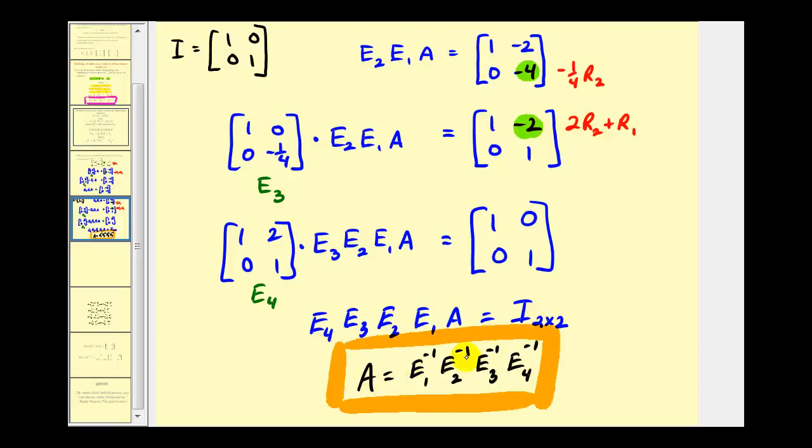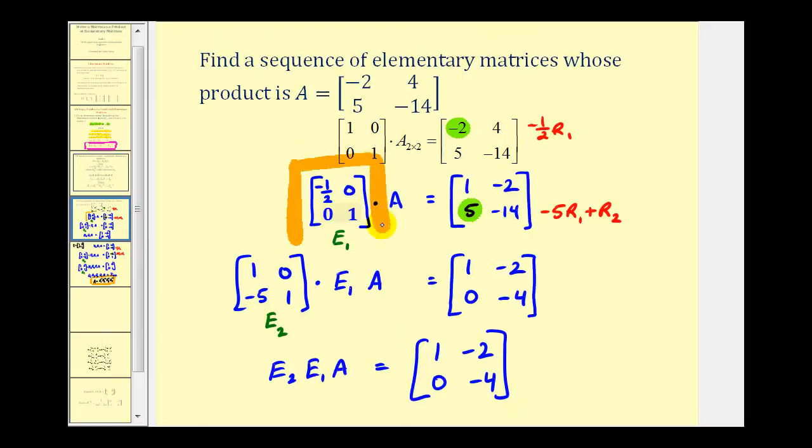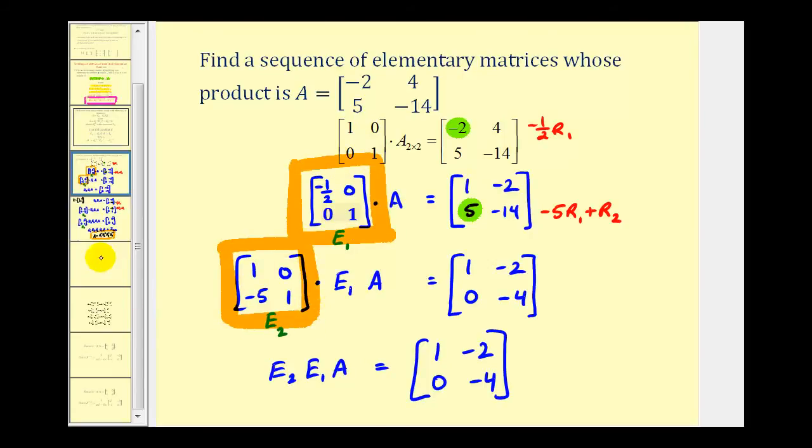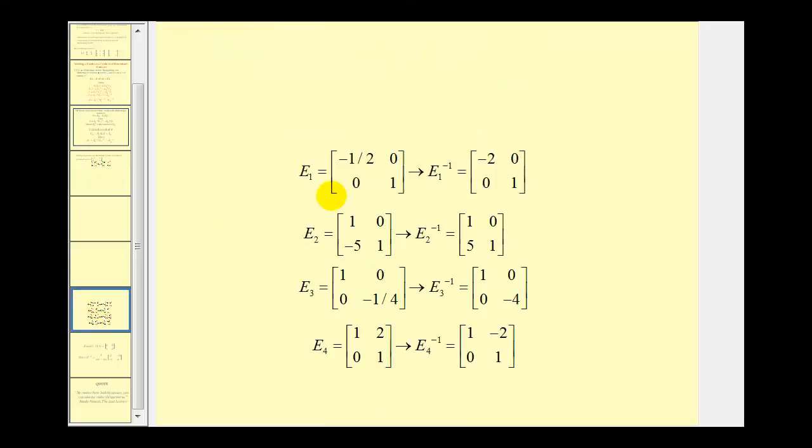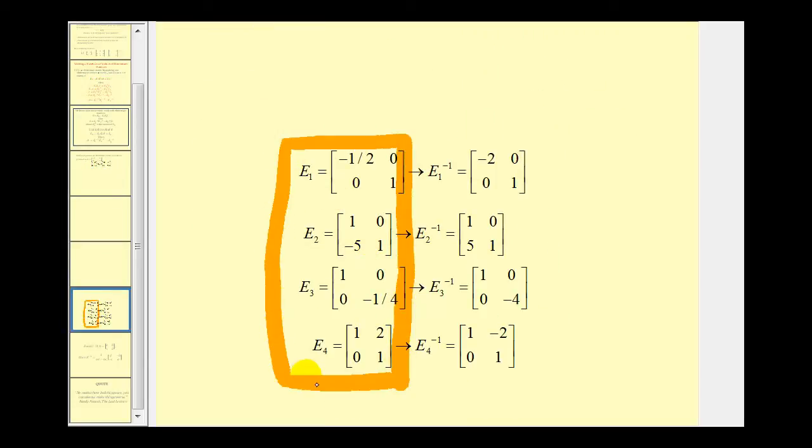So in order to find these inverse matrices, we first have to go back and find E sub 1 through E sub 4. So here's E sub 1, here's E sub 2, here's E sub 3, and here's E sub 4. So here are the elementary matrices that we just identified, but the product that we need is going to involve the inverses of these matrices, which I've already found here.